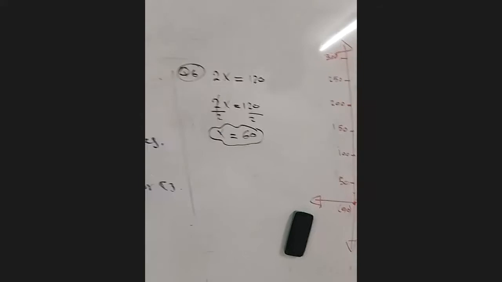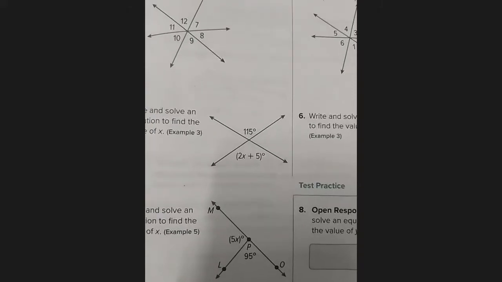Yes. Now look at question 5. These two given angles, what do we call them? We call them vertical. Means they are equal.